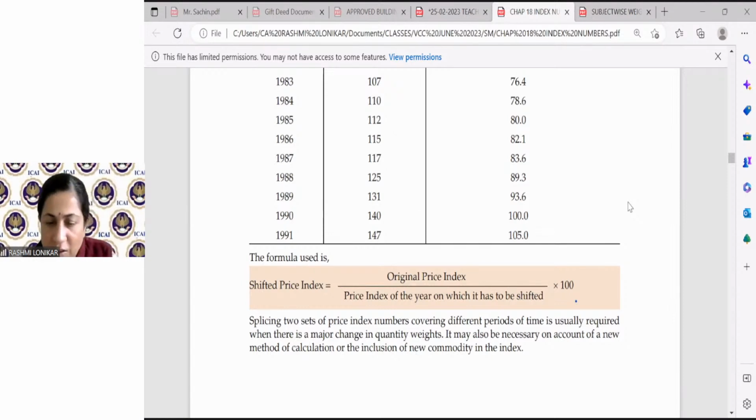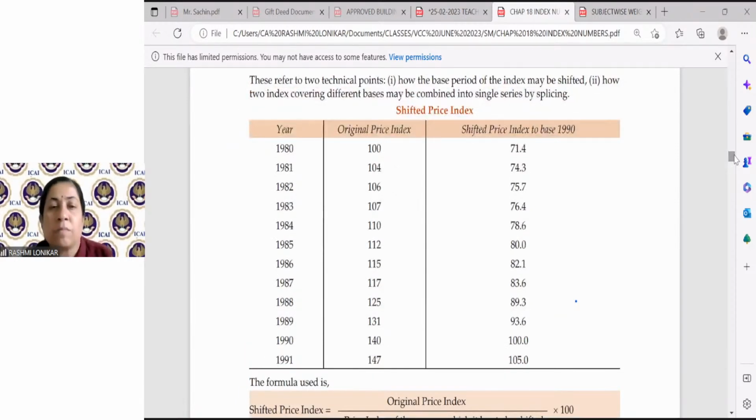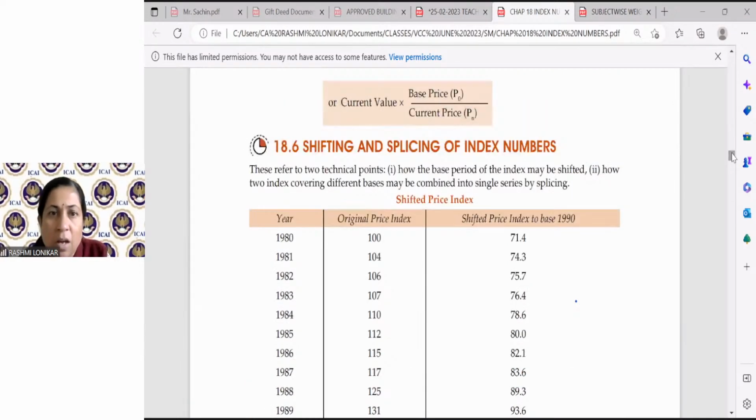Now 2 technical points are there: how the base period of the index is shifted, and how two indices covering different bases may be combined into a series. So the A part is how to shift the base, and the B part is how to shift the series to the new base.